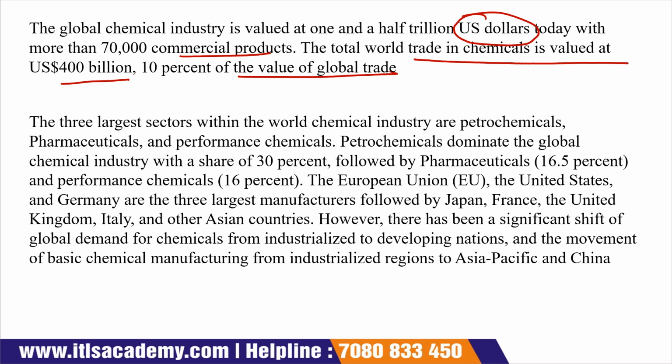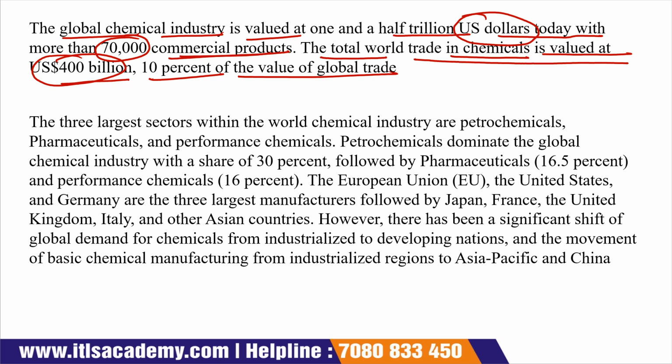So see what is written in the slide. The global chemical industry is valued at a half trillion US dollar today, with more than 70,000 commercial products. The total trade in chemicals is valued at US dollar 400 billion, 10% of the value of global trade.